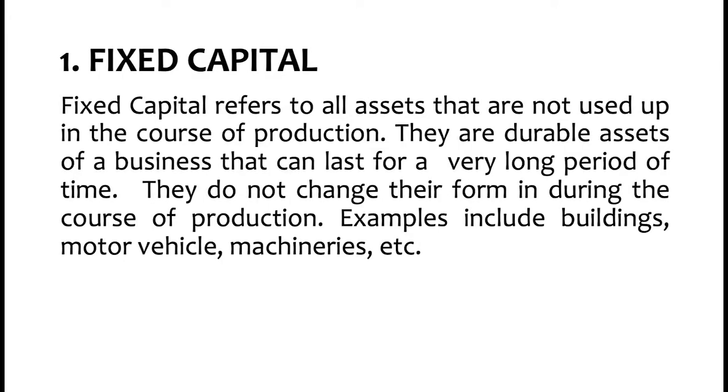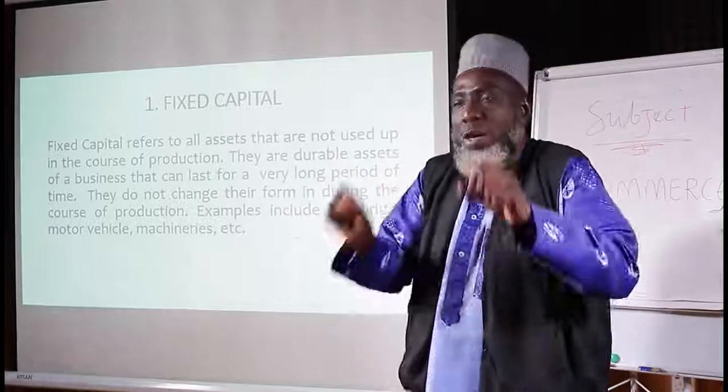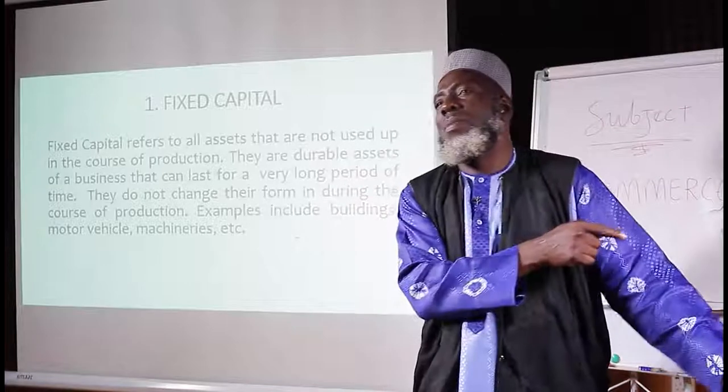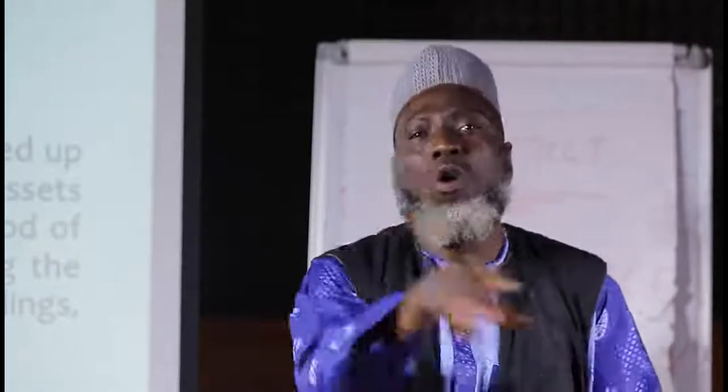Number 1, which is fixed capital, refers to all assets that are not used up in the course of production. This capital refers to assets that are fixed in nature, that are not used up in the process of production. But production cannot take place without them.